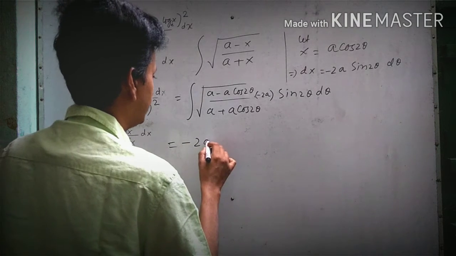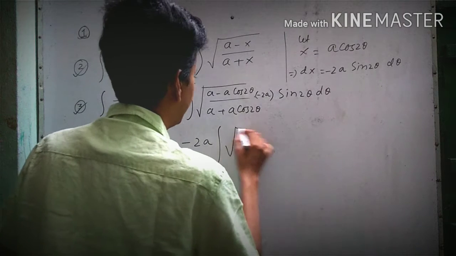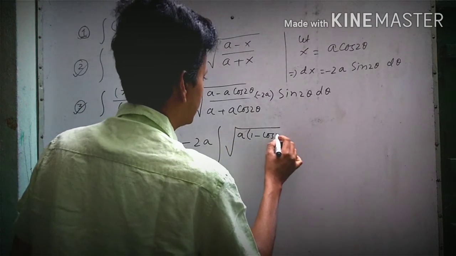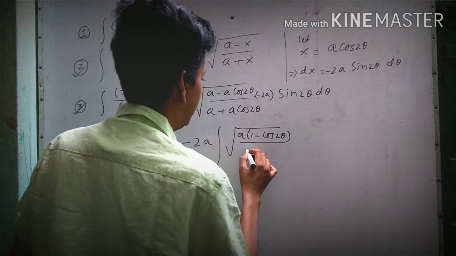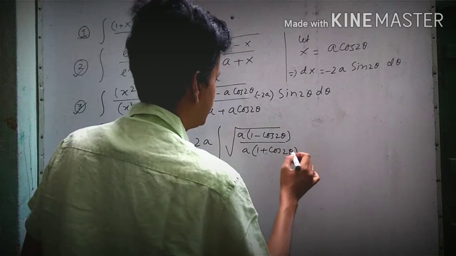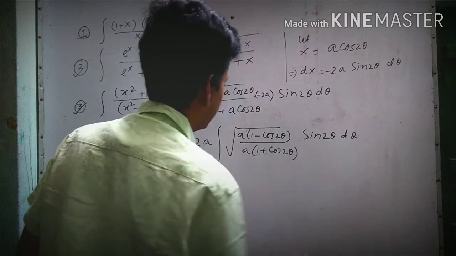You can write minus 2a here and integration of root over of a into 1 minus cos 2 theta by a into 1 plus cos 2 theta into sin 2 theta d theta.